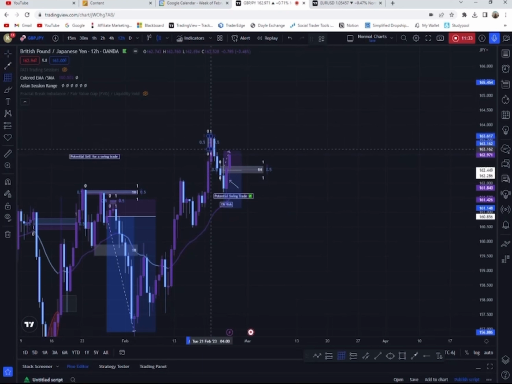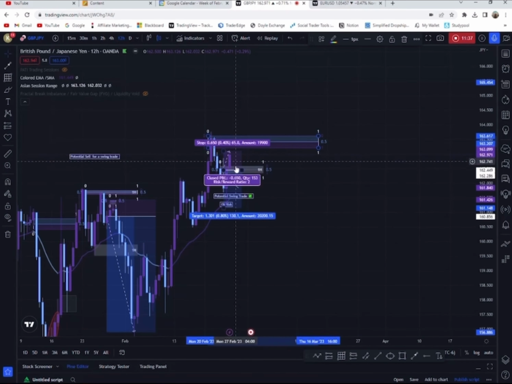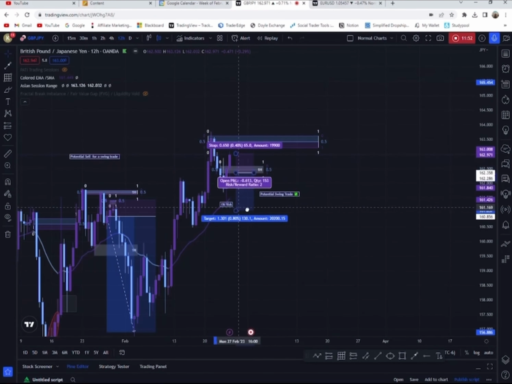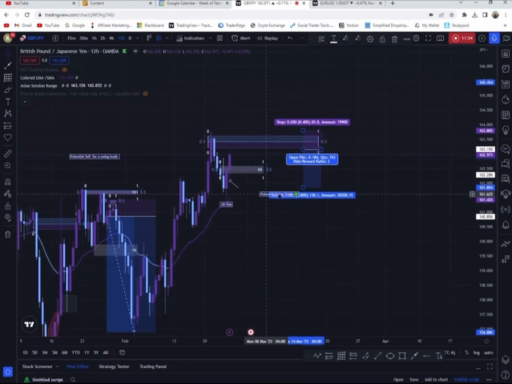This is a nice little supply zone. We don't want to see reactions or wicks off the supply zone. We do not want to see that, because it would become an invalid trade.